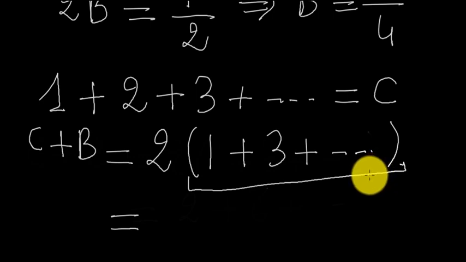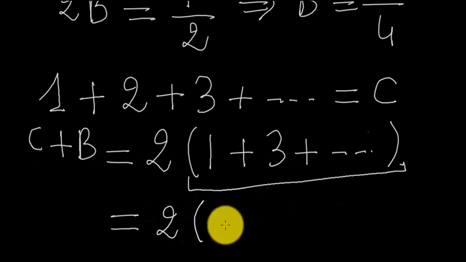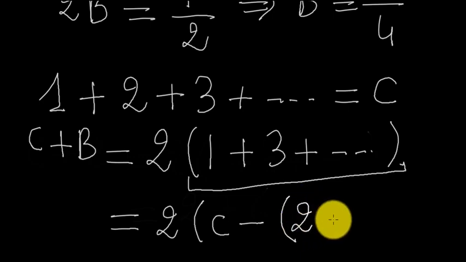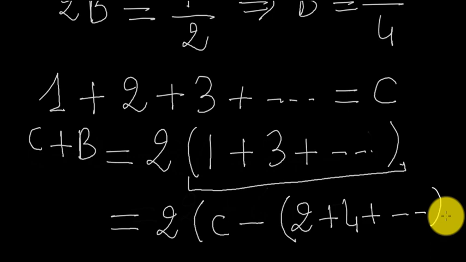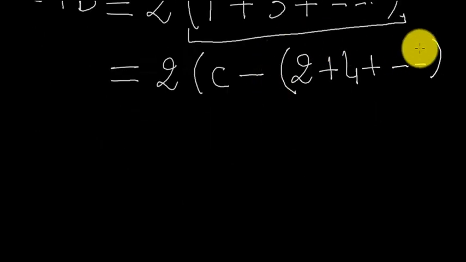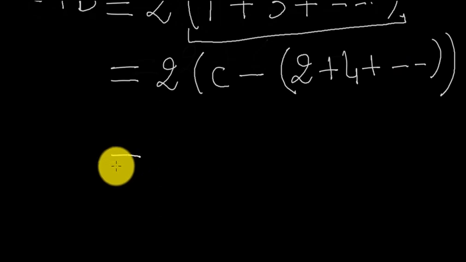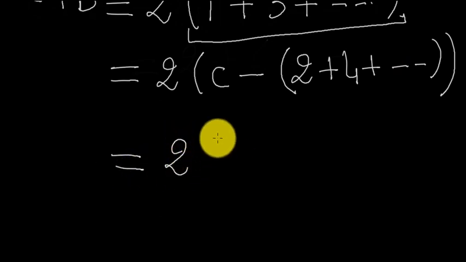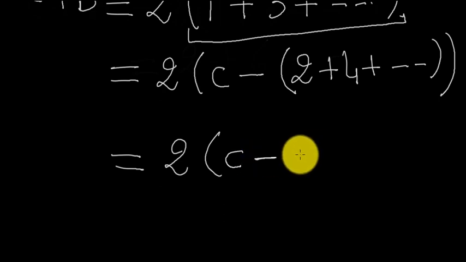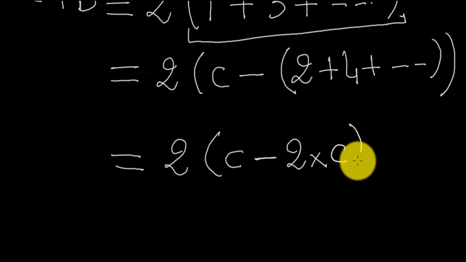So this one is just 2 times c minus 2 plus 4, so basically multiples of 2, which is also equal to 2 times c minus 2 times c, which is equal to c plus b, of course.